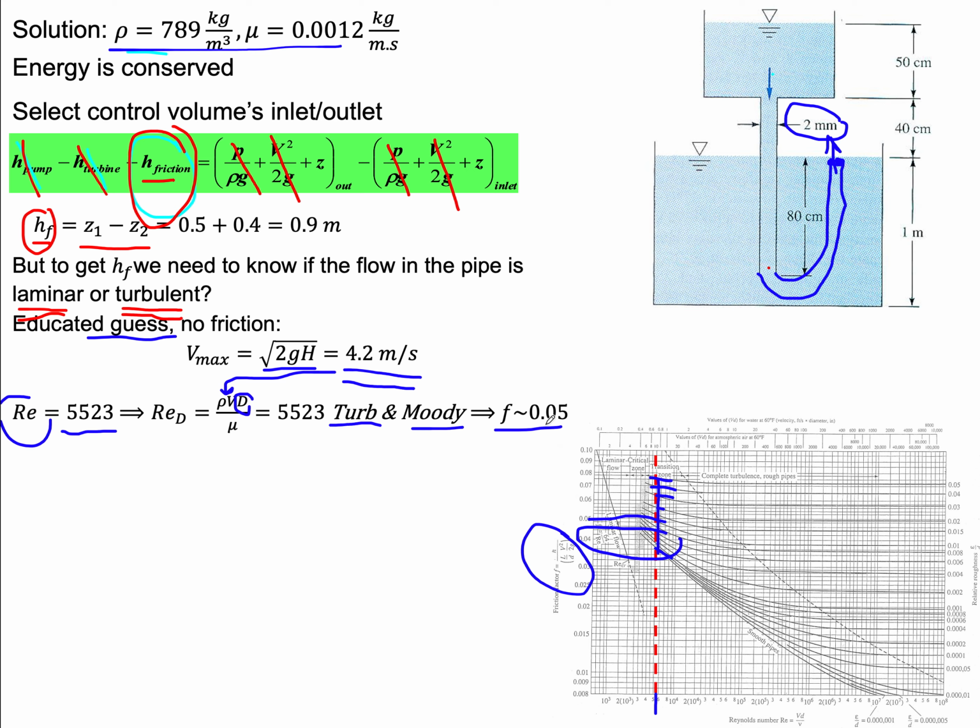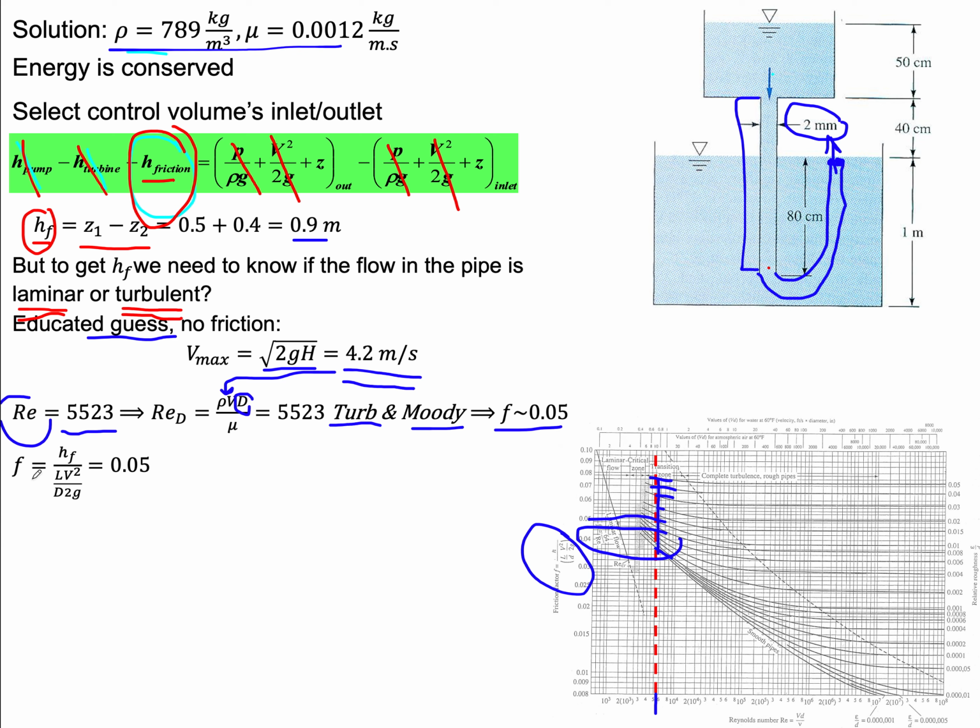the hf equals f L over d times V squared over 2g. And so now we have two options, either to compute an hf and compare it to our correct hf, or compute a velocity and compare it, with this hf, what velocity would give us this friction factor.